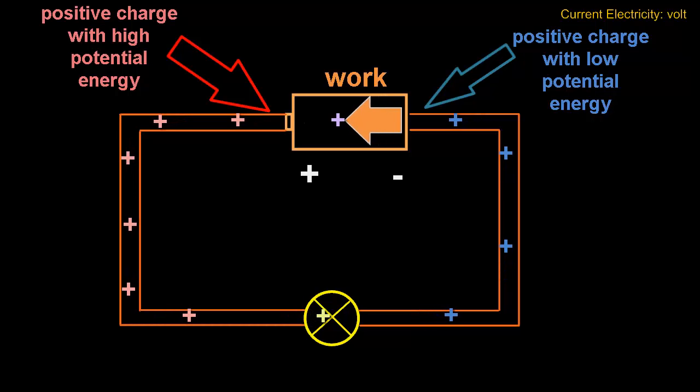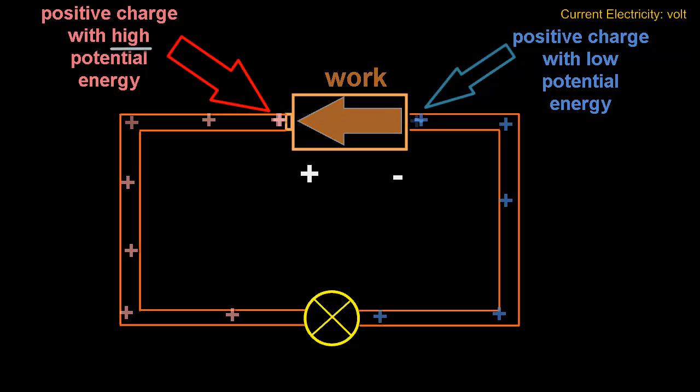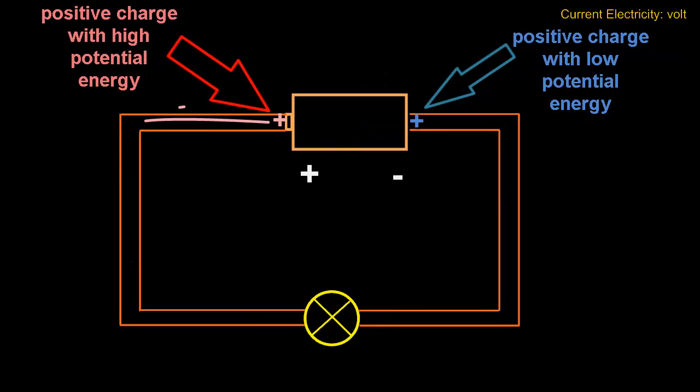At the positive terminal, the charge is now at a high potential energy. Just like a stone falling naturally to the ground, the charge moves naturally through the lamp, losing energy, to a position of low potential energy at the negative terminal of the battery.